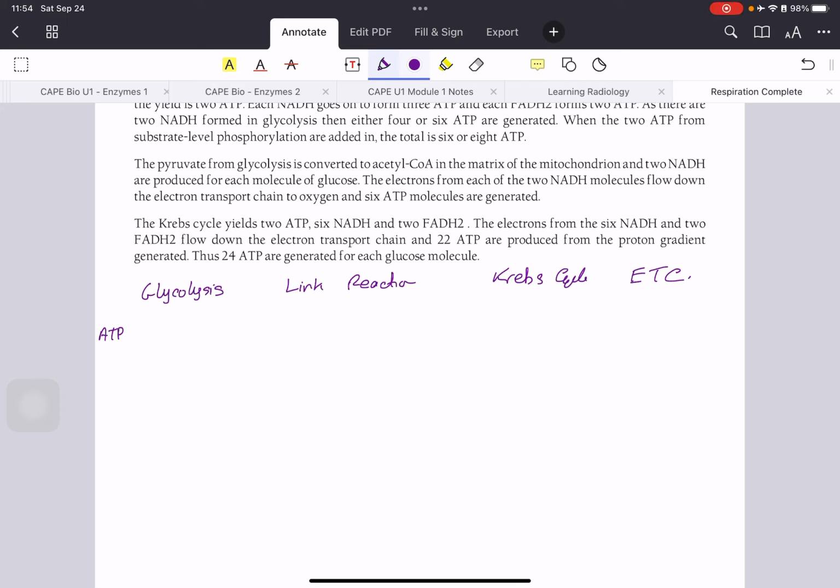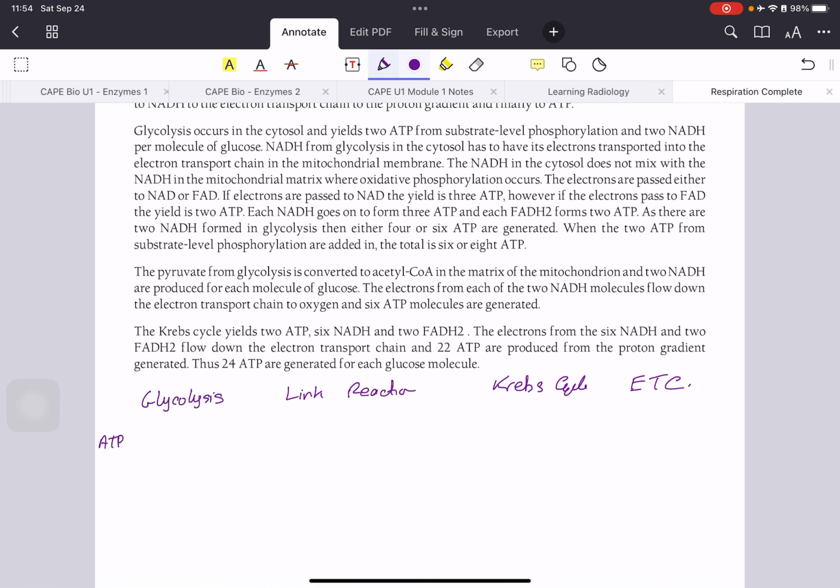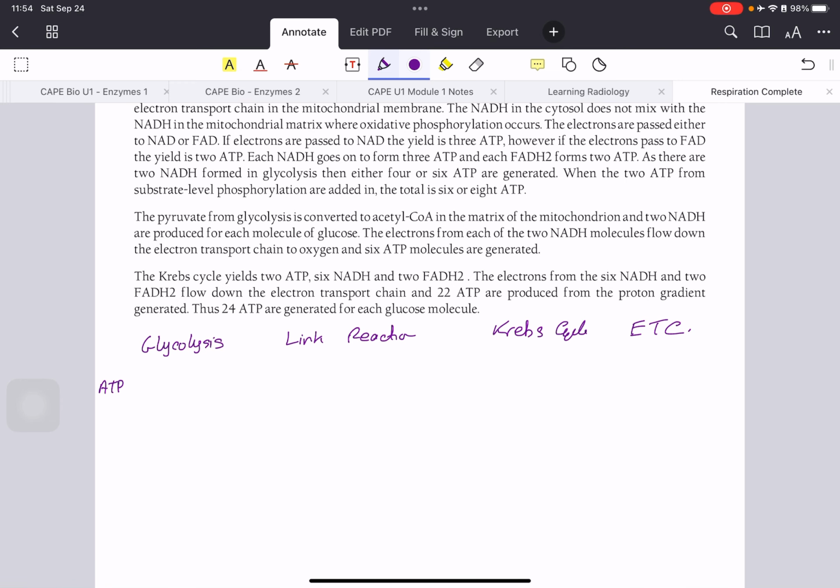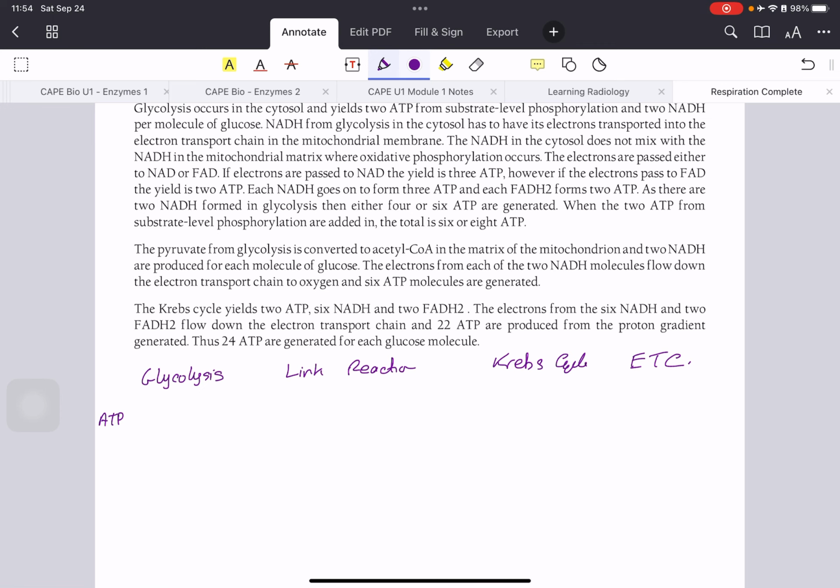So in glycolysis, we made 4 ATP molecules there, right? Well, we could actually do it as the net production of ATP, right? So remember, we used 2 ATP in the beginning of glycolysis, but we made 4. So the net product of ATP in glycolysis is 2 molecules, right?